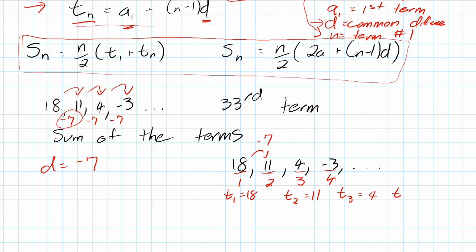Term 4, I almost counted wrong, term 4 has the value of negative 3. The idea here is the cardinal numbers represent this little subscript down here. Okay, so that's the order that they come in our series or our sequence. But their value is different from which number they are. For instance, the first number isn't 1. The first number's value is 18, but that's the first number in our sequence.